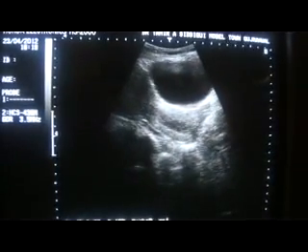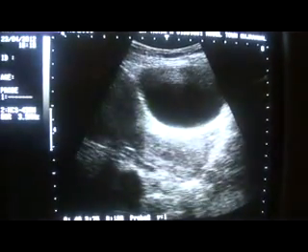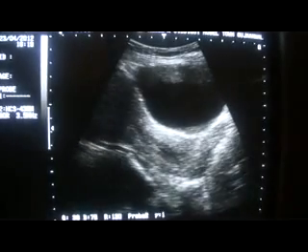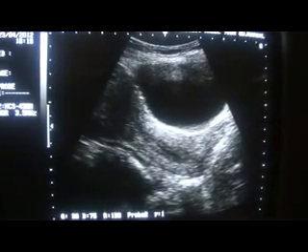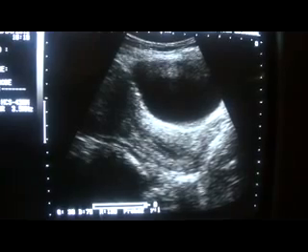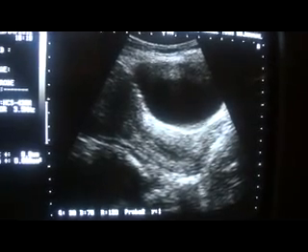Here you are seeing a small hypoechoic area measuring 11.8 into 8.2 millimeters. This is a subserosal fibroid in the anterior segment of the uterus.